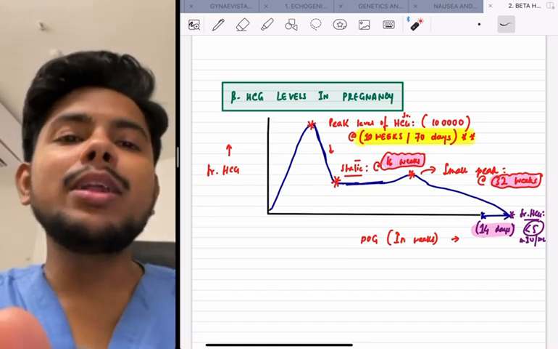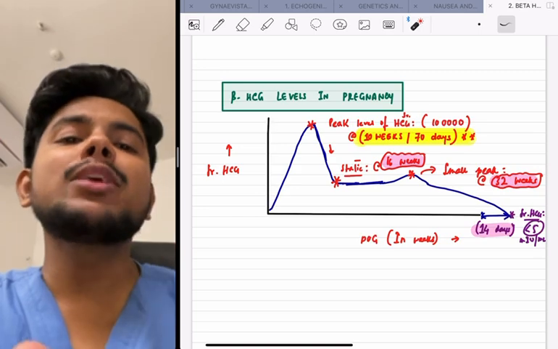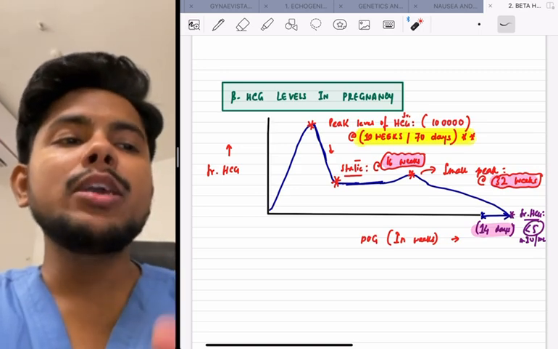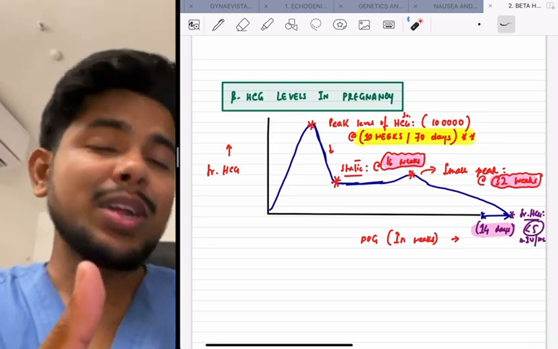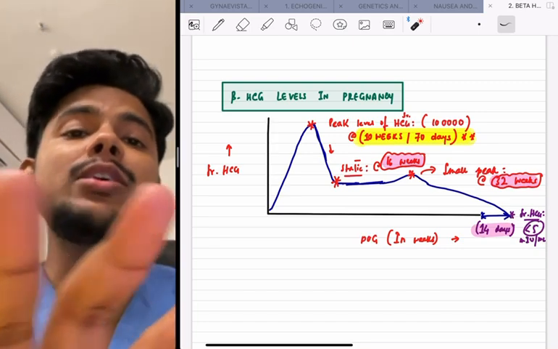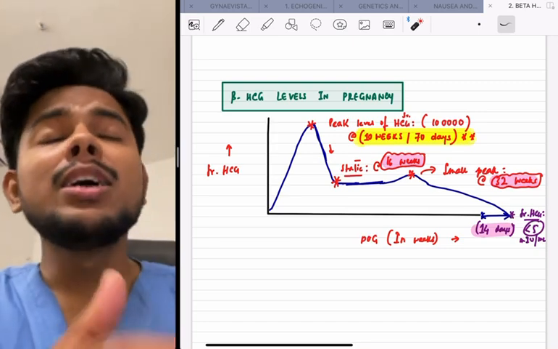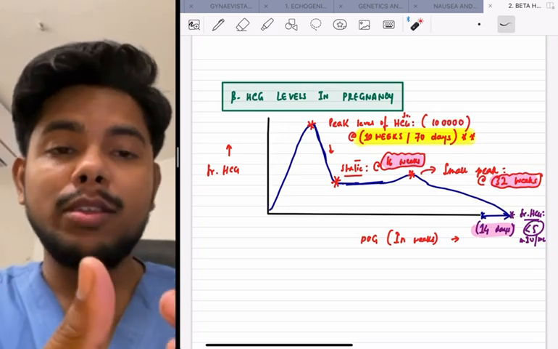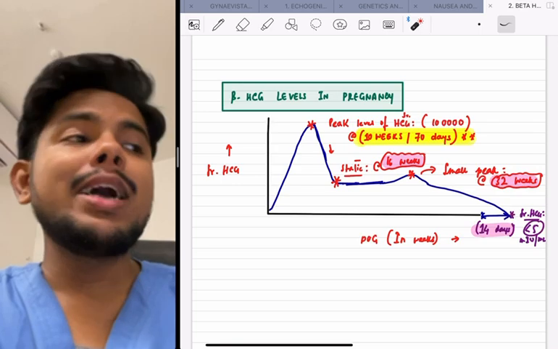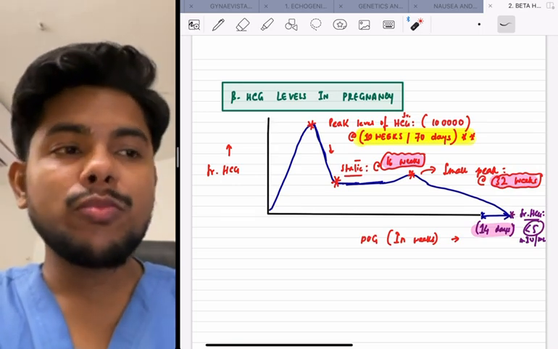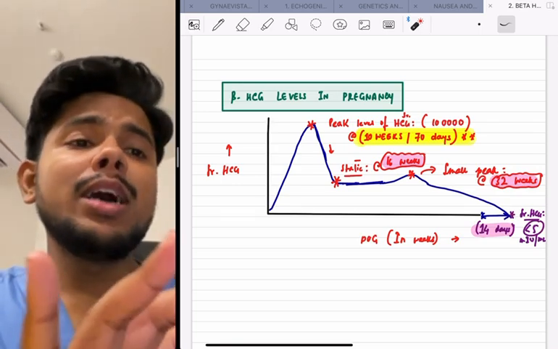Corpus albicans similarly means a white body. Albicans means white and corpus means body. So once the corpus luteum undergoes degeneration, this degenerated corpus luteum is then called corpus albicans. Okay, so that is the scenario.